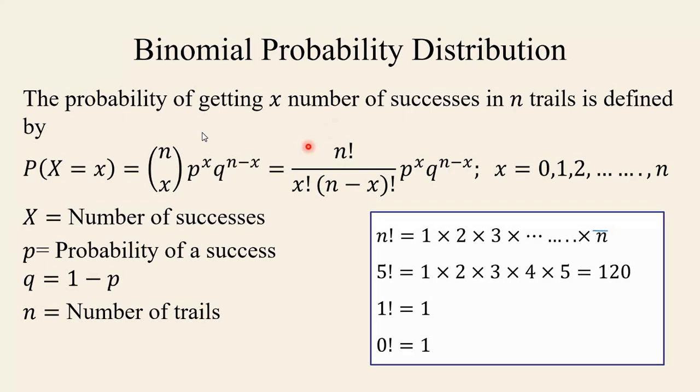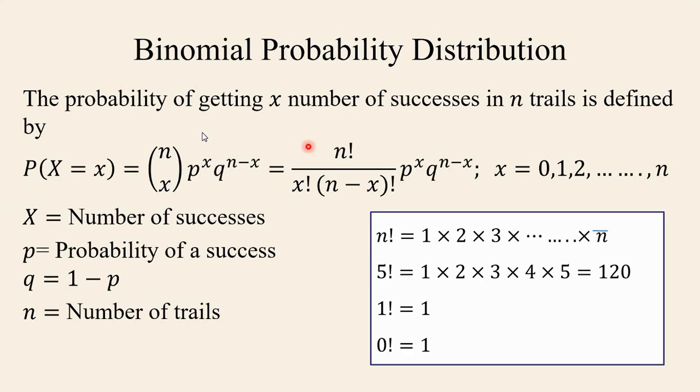When we are tossing 2 coins one time, the possible values for the number of heads are 0, 1, or 2.